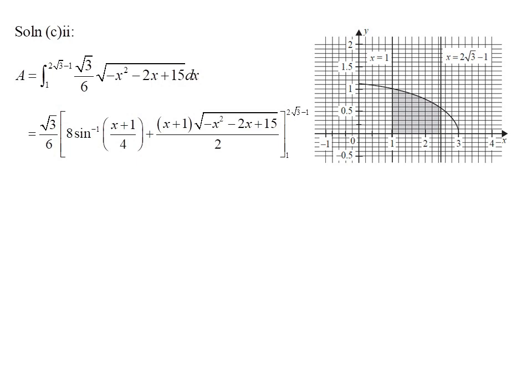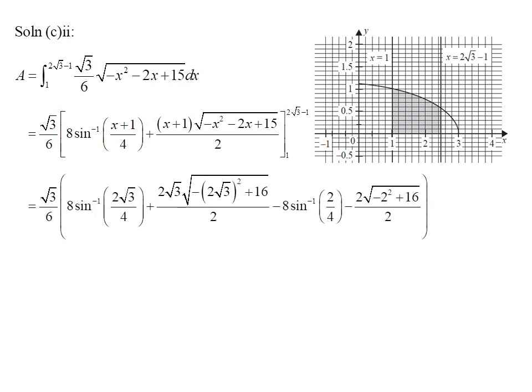Hence, the area equals square root 3 over 6 multiplied by the sum of 8 arcsine of (x plus 1) over 4, plus (x plus 1) multiplied by the square root of negative x squared minus 2x plus 15, all over 2, valued from 1 to 2 square root 3 minus 1.